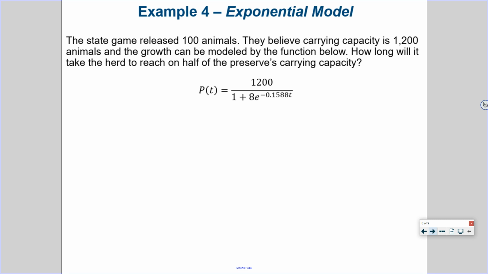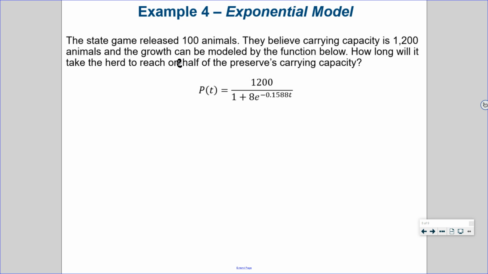The state game released 100 animals. They believe carrying capacity is 1,200 animals, and the growth can be modeled by the function below. How long will it take the herd to reach, oops, I was supposed to say one half, not on half, one half of the preserve's carrying capacity?